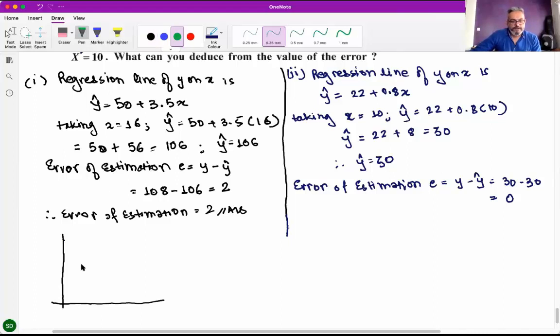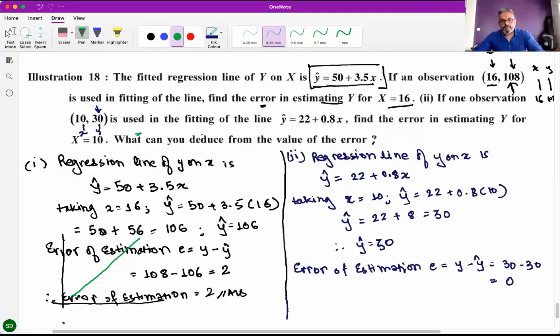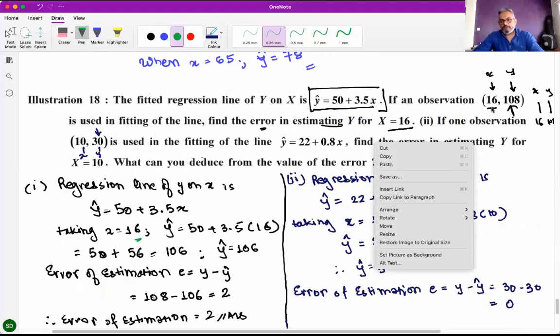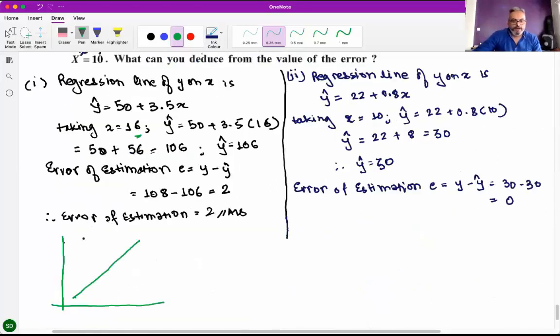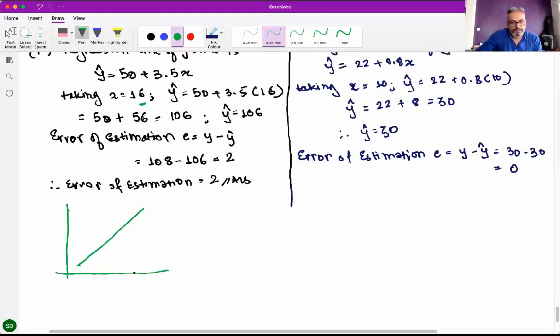And let's say this line, because b is positive, is the regression line of y on x. Now when x is equal to 16, y was 108.